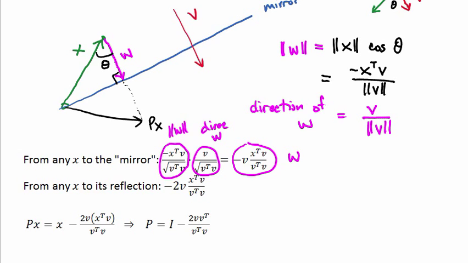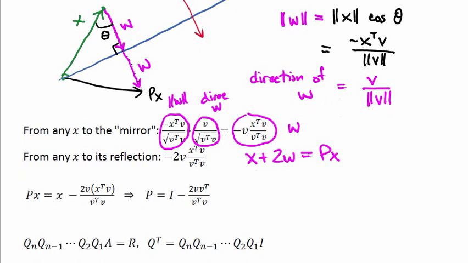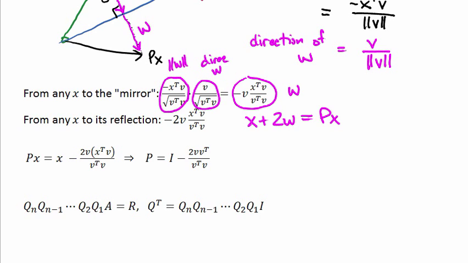So x plus w gets us to the mirror. x plus 2w gets us to the point Px, right? So if we add w again, we get to Px. And so to get from x to its reflection, we add this vector here.